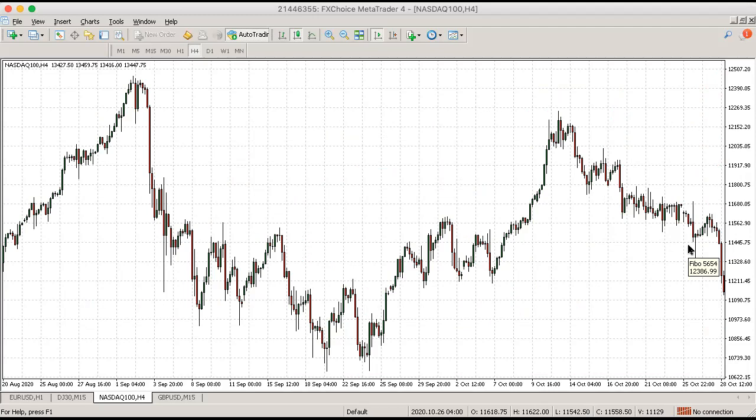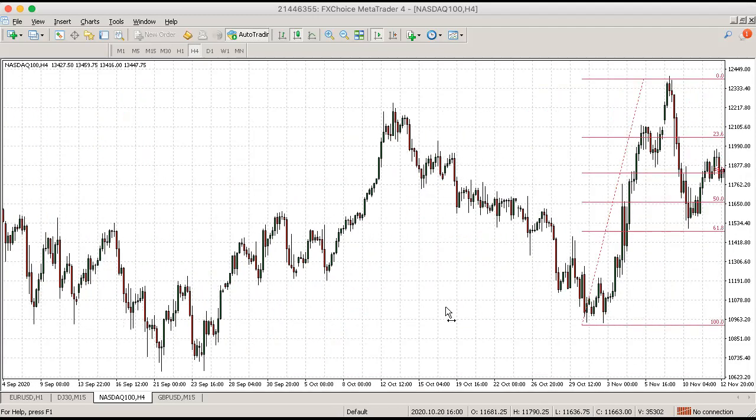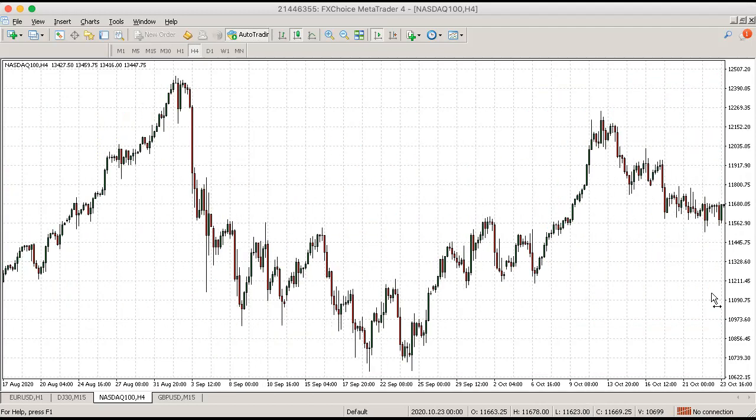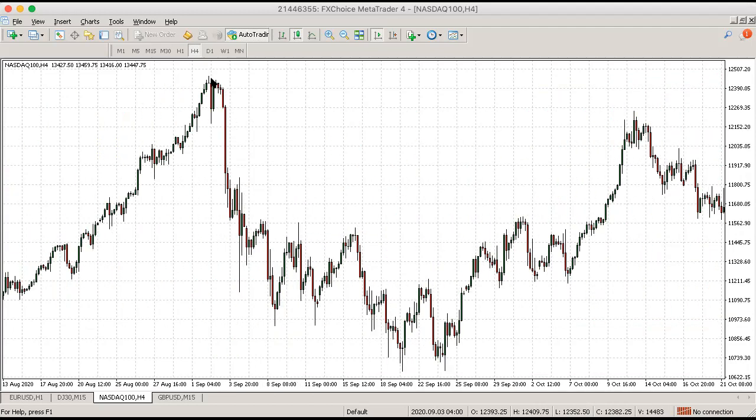Okay, let's look for another scenario for a sell trade. As you can see here, we were falling, we were in a downtrend. So what we actually wanted to do, let's say this is Nasdaq, we would spot a high and a low. In this case, we have a high here.